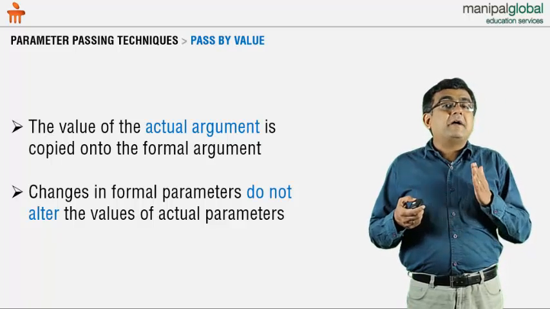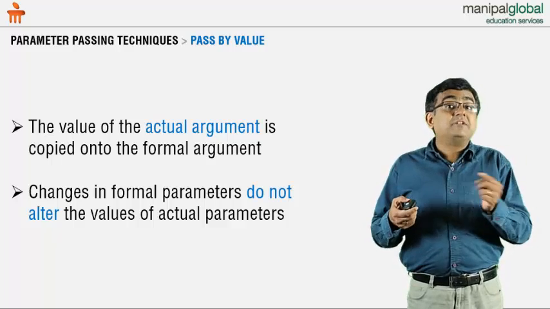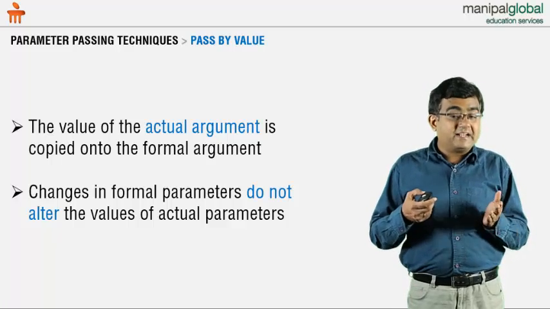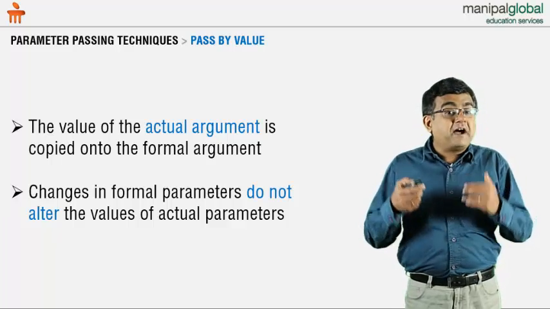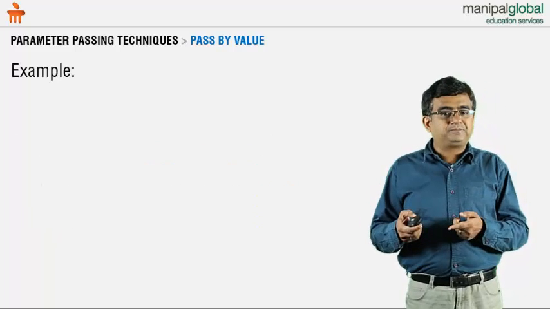What happens in pass by value is changes in formal arguments or parameters do not alter the values of actual parameters. That is, the changes that you make in a function are not reflected back in the calling function.